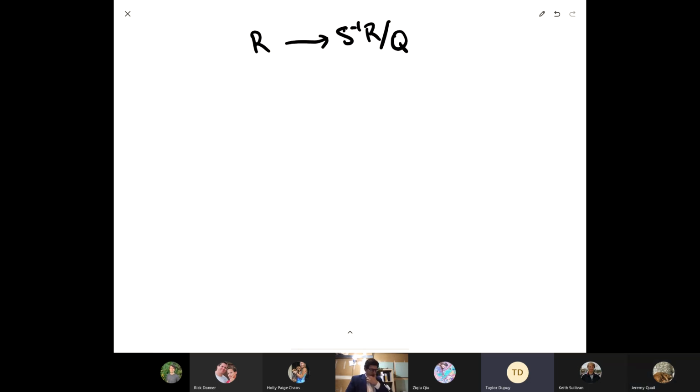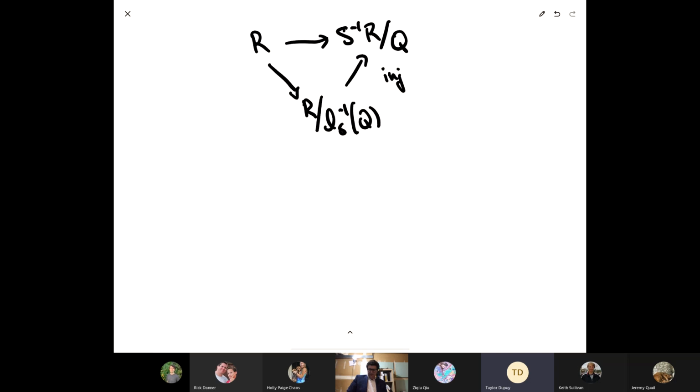Okay, so we have this thing and it factors like this. That's how this works. And then this is injective, so this is like the first isomorphism theorem.